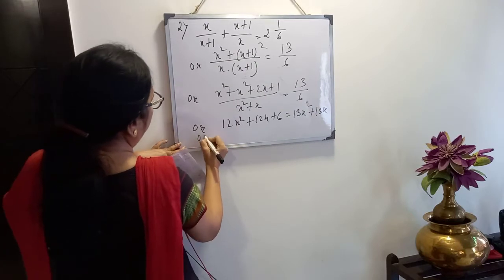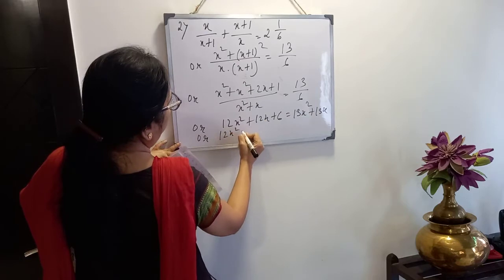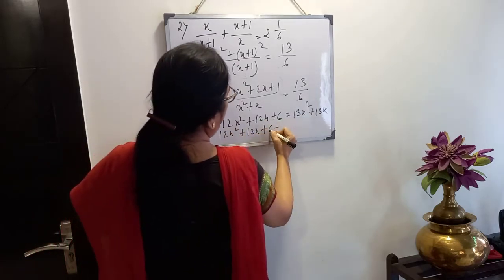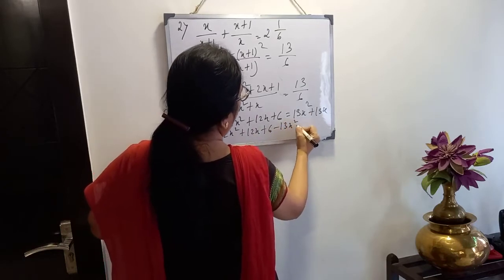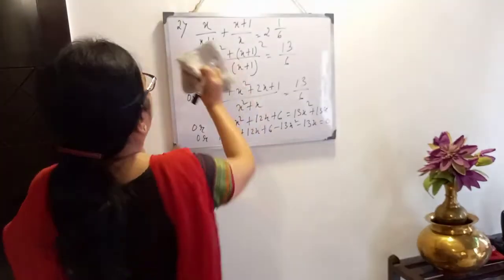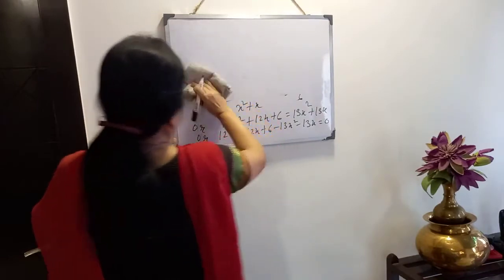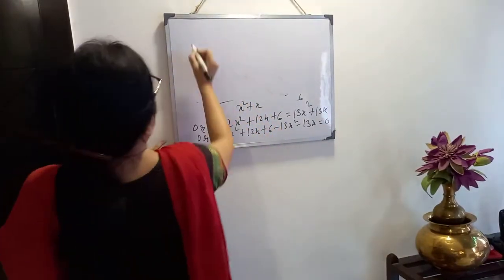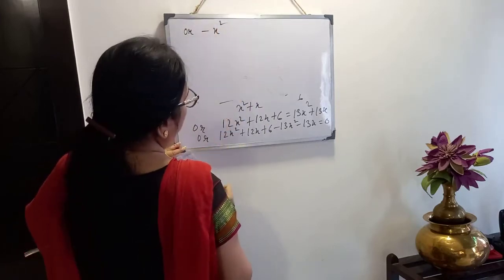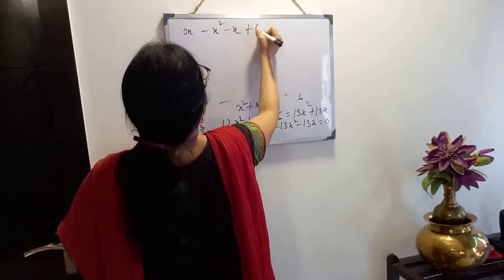Clear? Now take all the terms to the left hand side. So 12x square plus 12x plus 6 minus 13x square minus 13x equal to 0. After that it is becoming minus x square minus x plus 6 equals to 0.